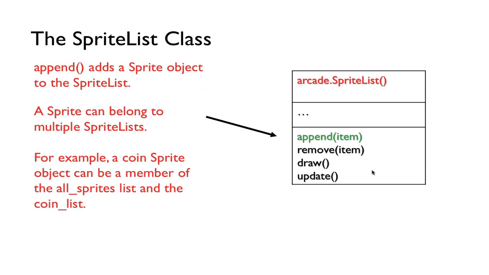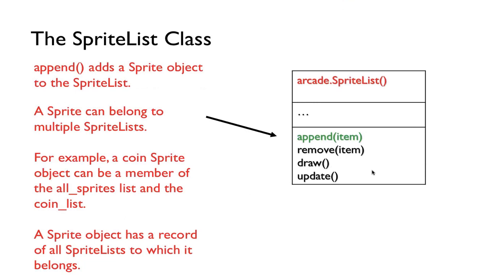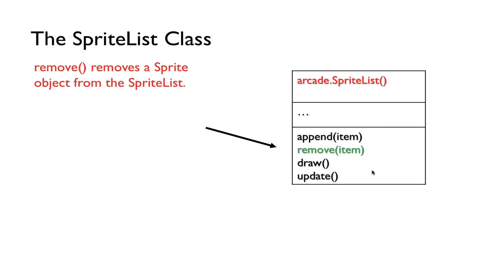But it also can be a member of the coin list, which allows us to manage collision and the player picking up objects, things like that. So it's possible for a sprite to be in multiple lists. And it turns out that every sprite object has a record of all the lists that it belongs to. This is really important later.